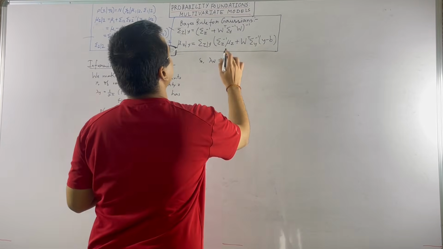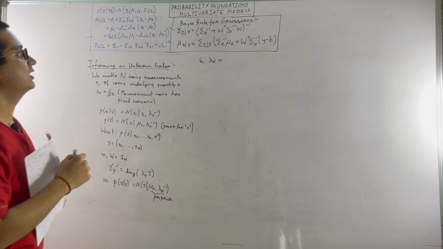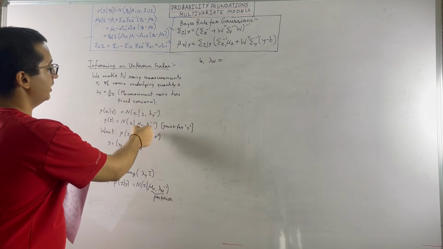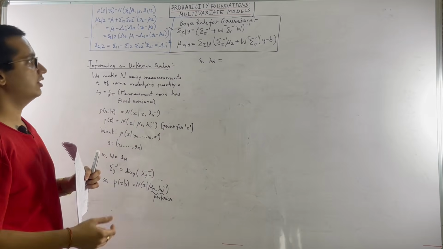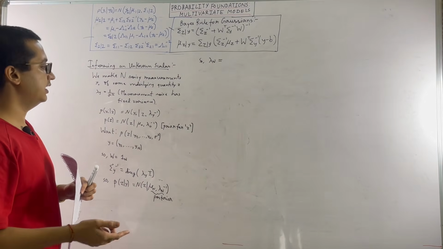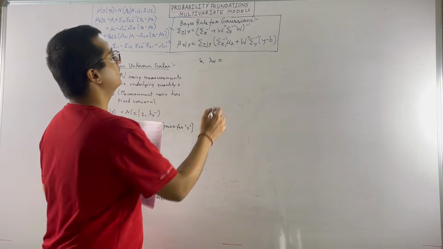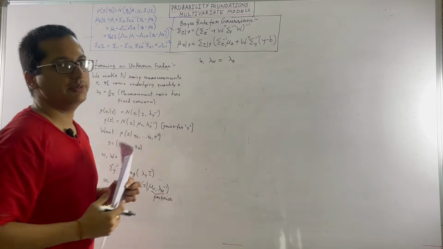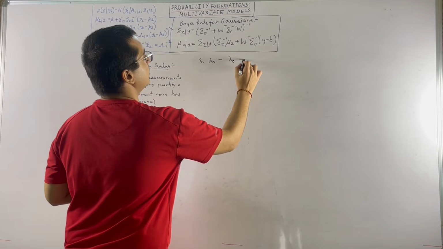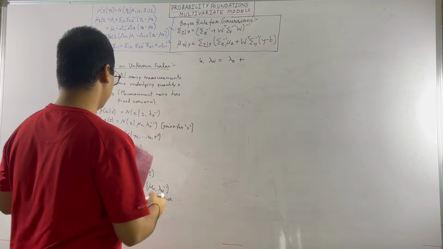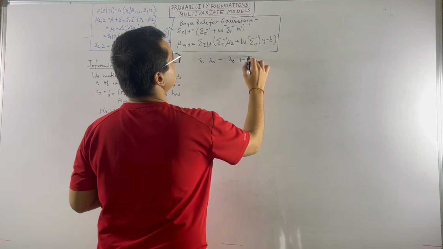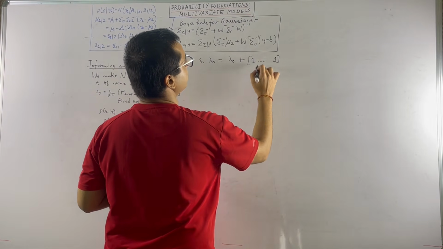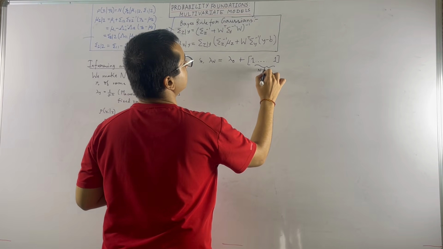And what is sigma z? Sigma z is for the prior. And what was the prior precision or the prior variance? Lambda naught inverse. So sigma z inverse is what? Prior precision, that is lambda naught, plus W transpose. So what is W? 1n. So W transpose will be 1 occurring n times.